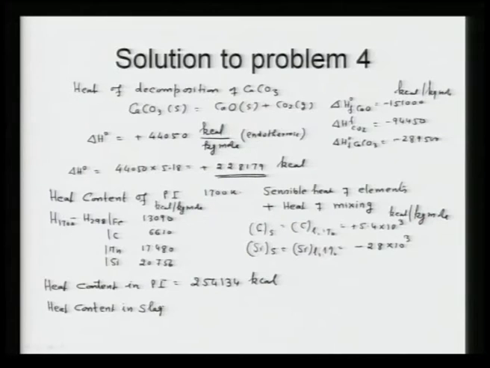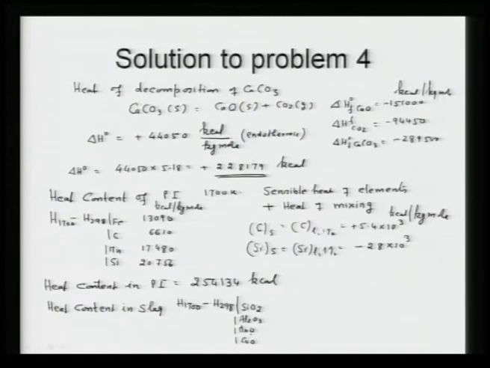We know the components of slag. So, H 1700 minus H 298, we know for SiO2, for Al2O3, for MnO, and for calcium oxide.